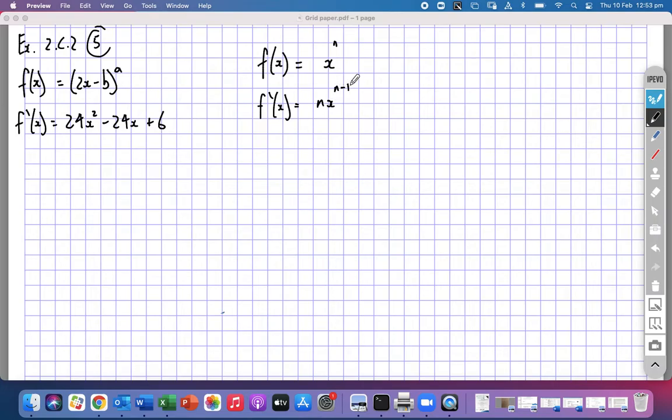So if our n minus 1 term ends up being a 2, then our n term would have to be a 3. So we're suspecting that a equals 3 before we start. If you stop and think about this, right?